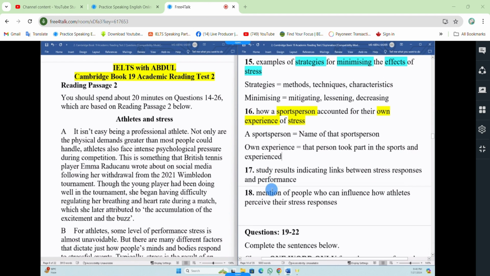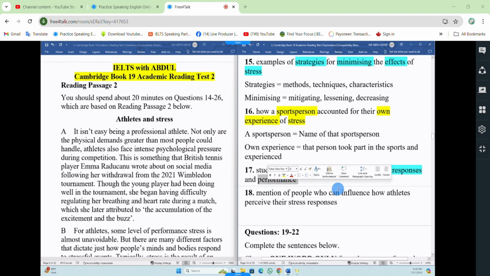Now question number 17. We are going to discuss question number 17. So, study results: there is a study with results indicating links between stress responses and performance.